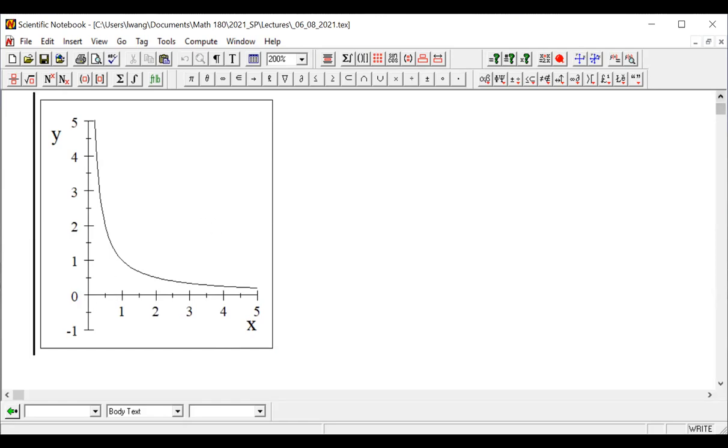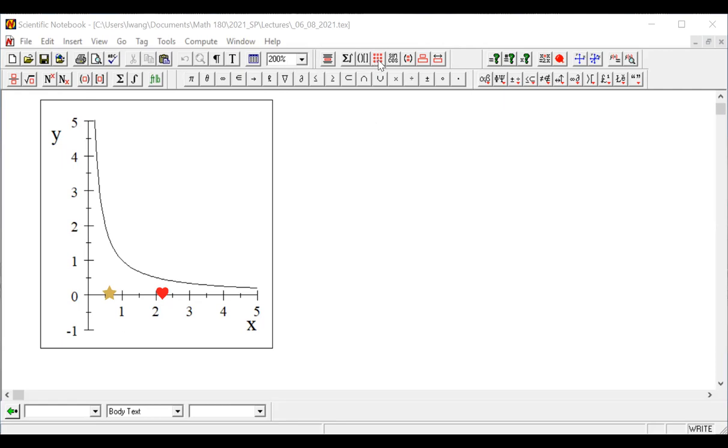For any 2 inputs, suppose I have an input here and another input over here, obviously the heart is larger than the star. The star is this much, the heart is this much.